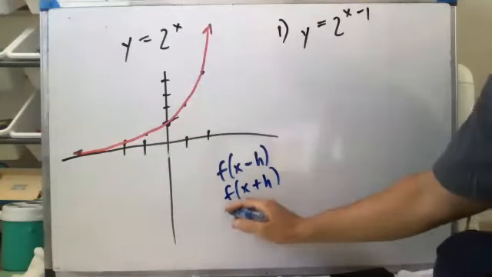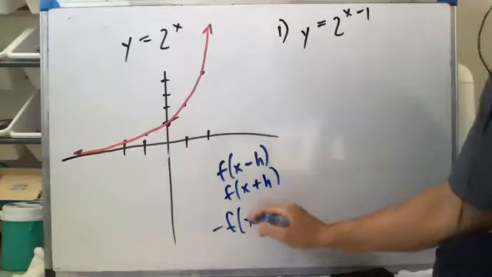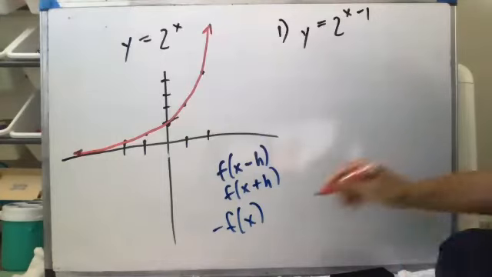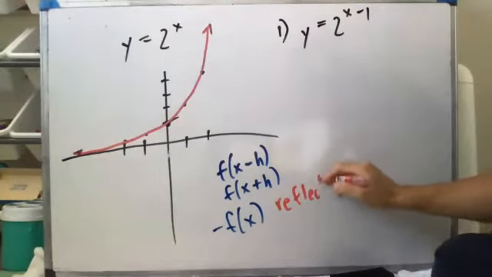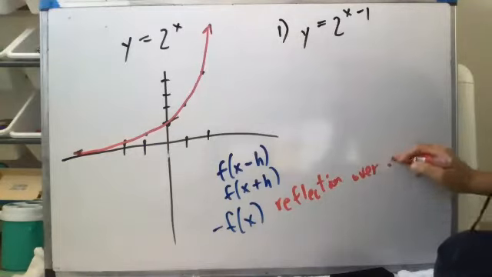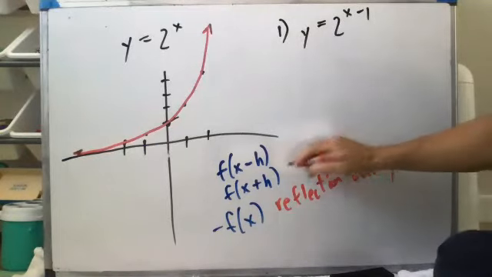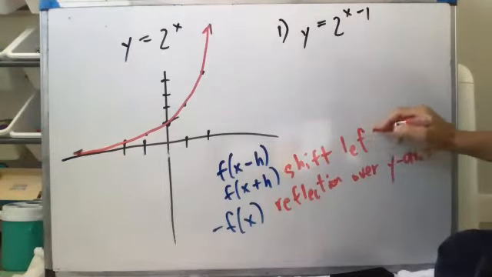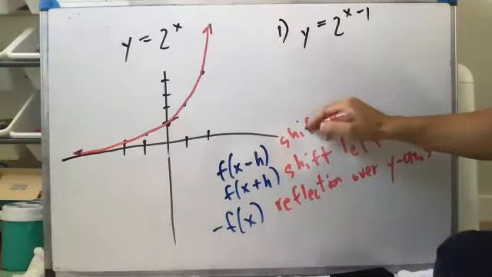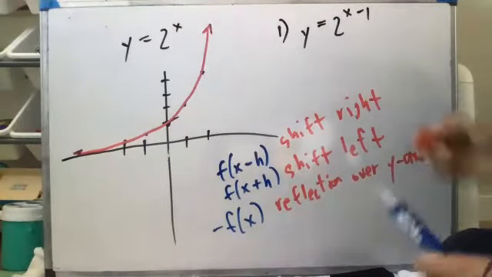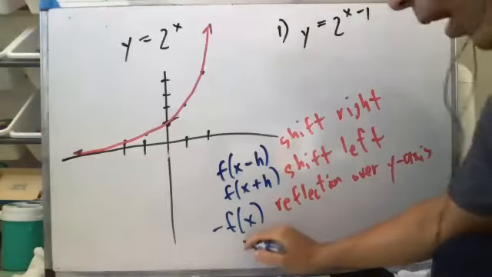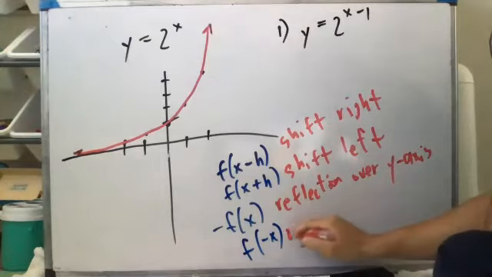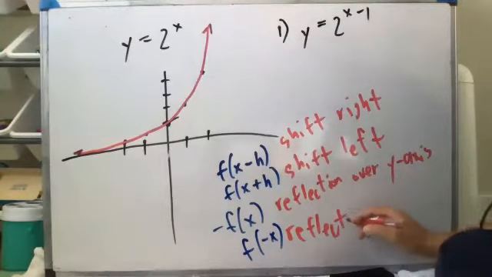If it's negative f of x, this is a reflection over the x-axis. And then remember, we also have f of negative x. That's a reflection over the y-axis.